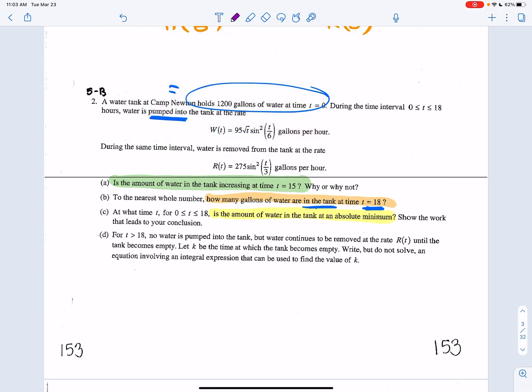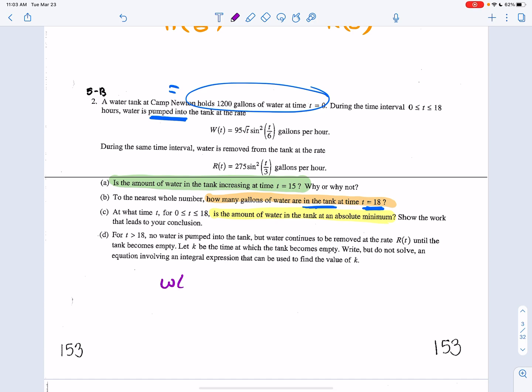Okay, this one says, is the amount of water in the tank increasing at time t equals 15? Same situation. You're talking about the amount of water in the tank. So which one is working harder? Is there more water being pumped into the tank, or more water being removed? You compare the two.